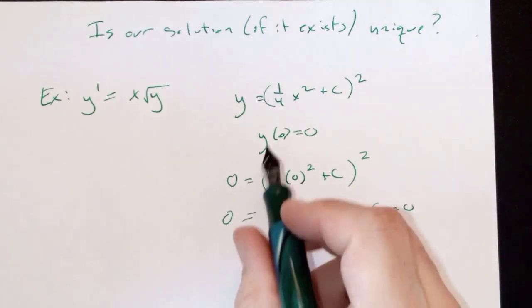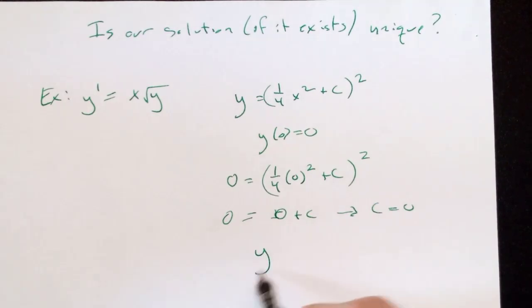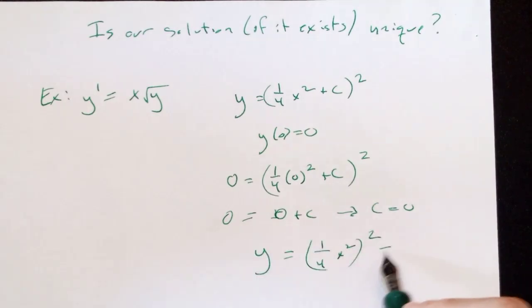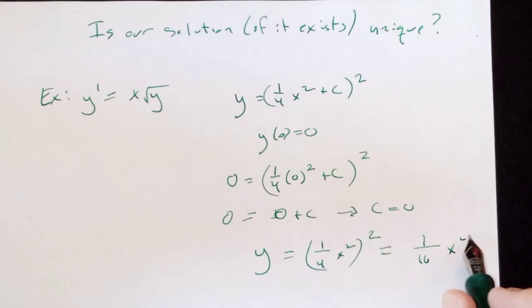Which means when we use 0, we have the solution 1/4 x squared, quantity squared, or 1/16 x to the fourth.